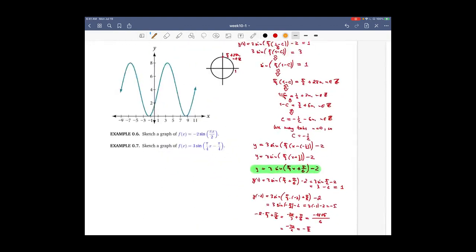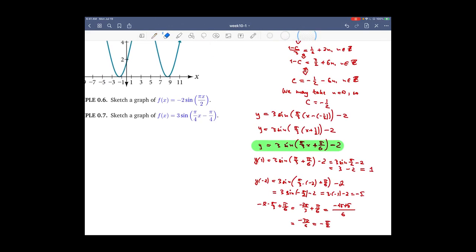Let's compute the value of y at 0. Just out of curiosity, we can compute the value of y at 0. So what will that be? y at 0 equals 3 sine(pi over 3 times 0 plus pi over 6) minus 2.